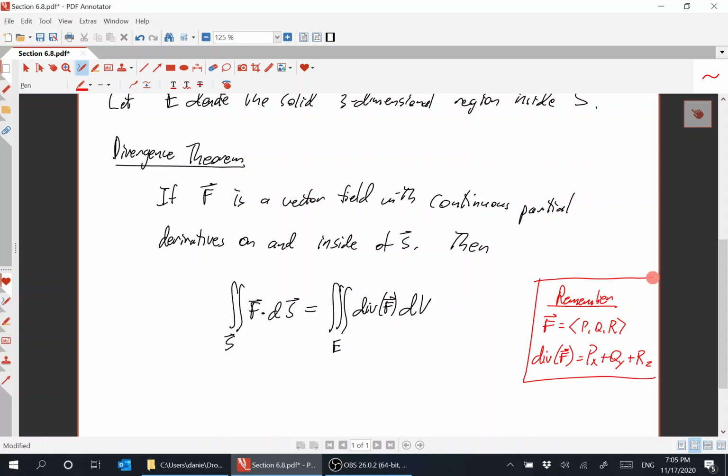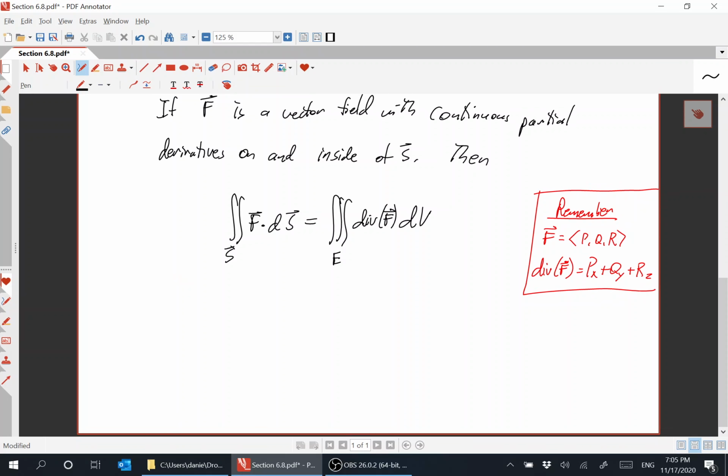And what does the divergence measure? It sort of measures how much of the vector field flows out of any given point, flows outwardly from the origin, in the direction from the origin at any given point. So sort of how much energy is being created and cast outward at every different point, right?